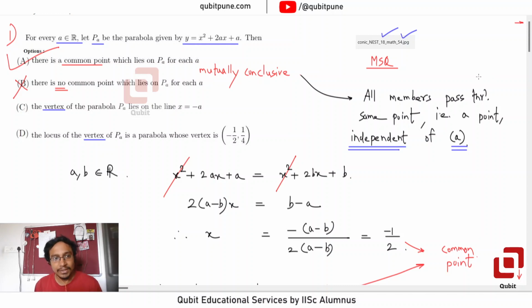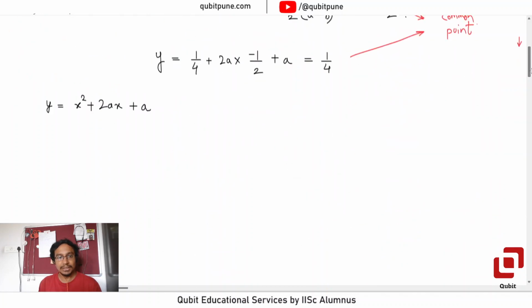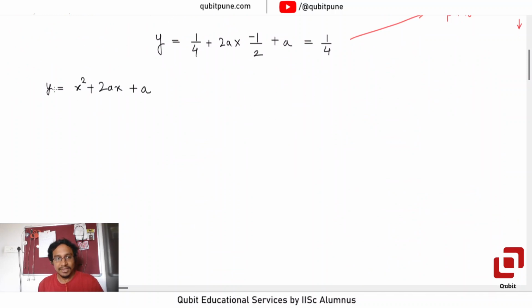Now the vertex can also be determined the calculus way, right, because that's the minimum in this case, isn't it?